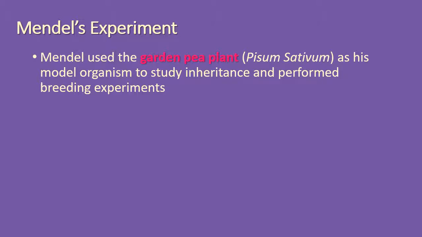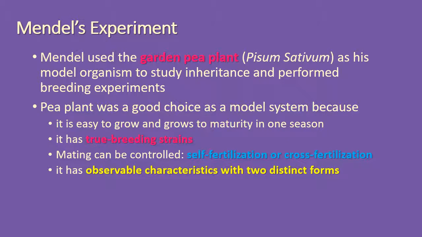So in his experiment, like I said, he used pea plants, and it was a really good model system because the plants are easy to grow and they will grow to maturity in 1 season, so it doesn't take a lot of time. You can have true breeding strains, and you can control crosses of the different traits through self-fertilization or cross-fertilization.